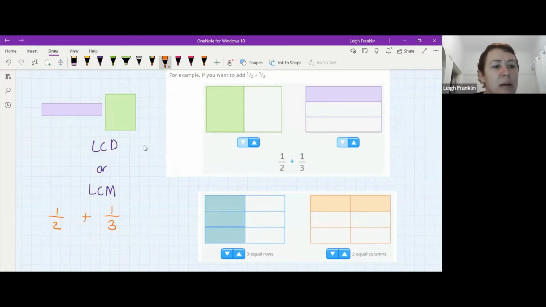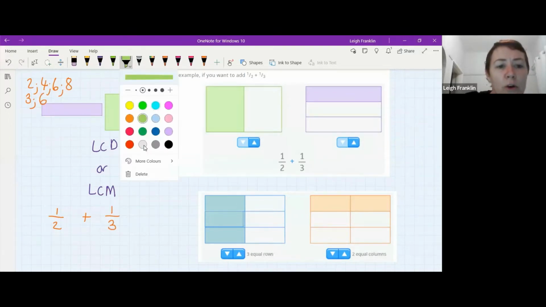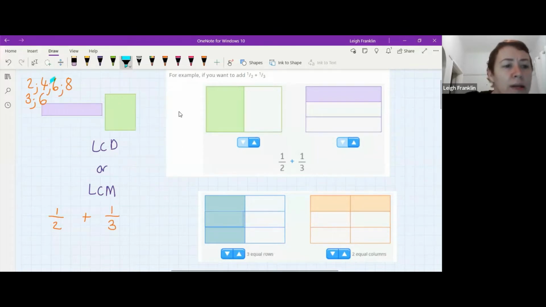Our 2 times table, well, 2 times 1 is 2. 2 times 2 is 4. 2 times 3 is 6. 2 times 4 is 8. Now, if we look at our 3 times table, 3 times 1 is 3. 3 times 2 is 6. There we go. Okay, so looking at our times tables, we can now see that we have got 6 in common in both. That's why we call it a lowest common denominator or lowest common multiple.